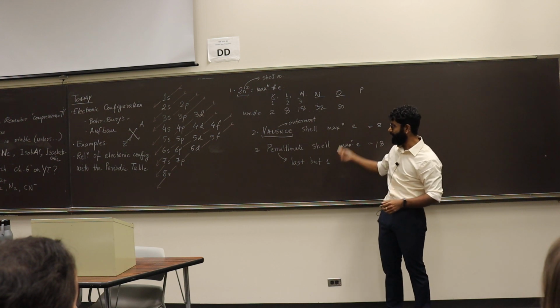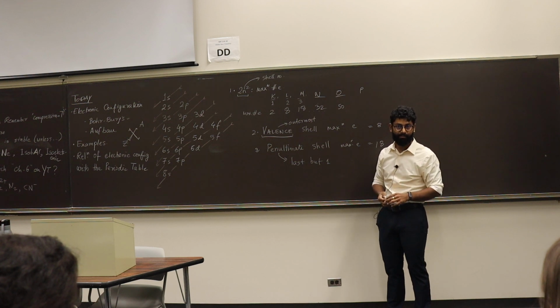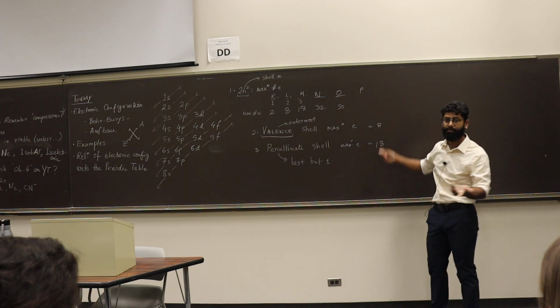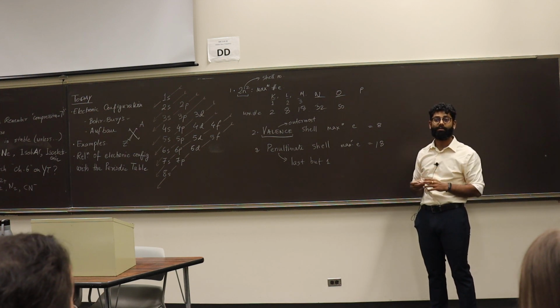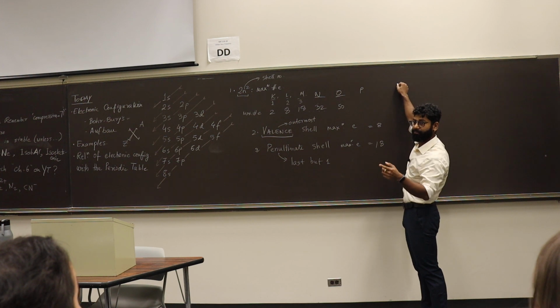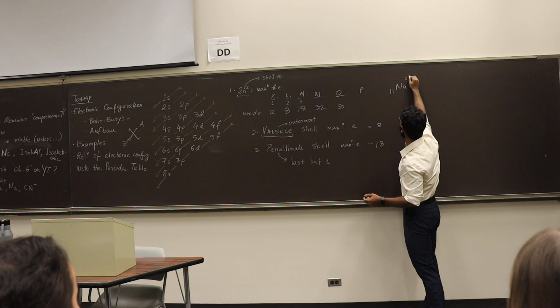Now, let's try a simple example, and then let's try a bigger example. What do you want to try? Because I'm not going to write it, you are. Sodium. Okay, let's do sodium 11, mass number 23.